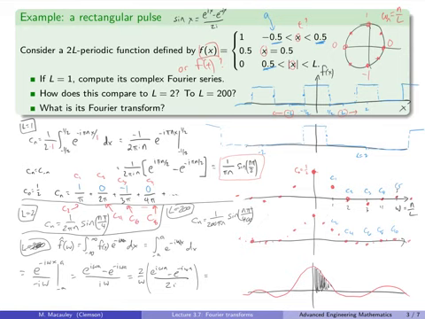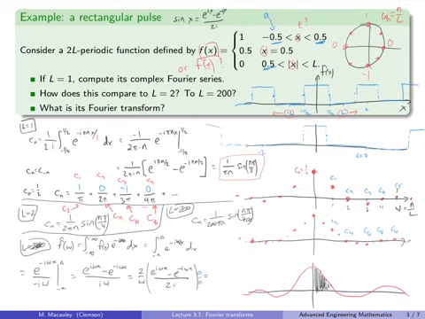Let's see if I did that correctly. I think I did. So what is this? That's sine. There's actually a neat way I'm going to write this. I have an omega a here, and I have an omega on the bottom. So I'm going to multiply top and bottom by a. So let me put an a here and an a here.